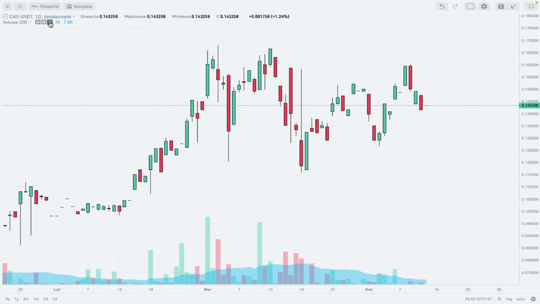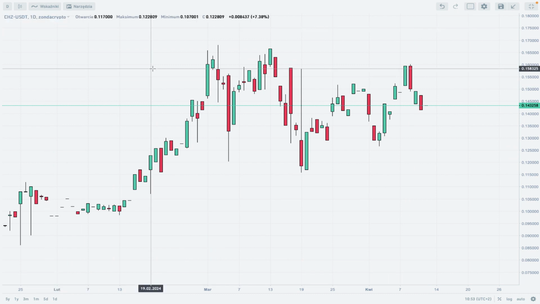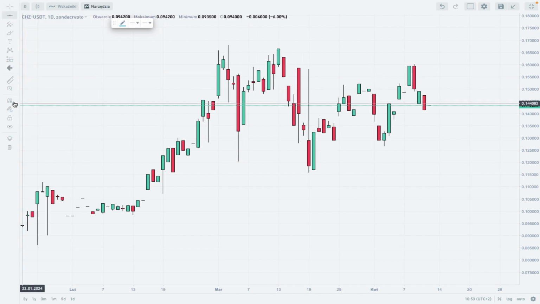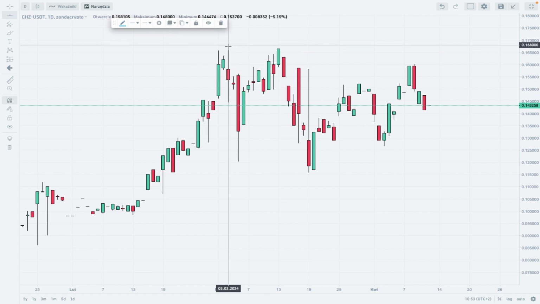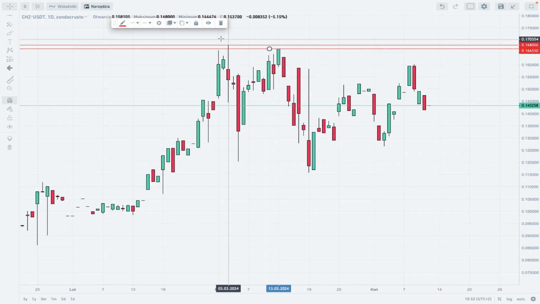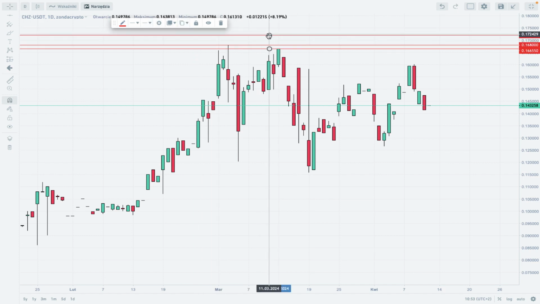Let me just remove this volume and mark some levels so we are clear on the same side. So what we have here is, of course, the recent high located at 0.1680. So this is the technical resistance. Now we got another one, located likely here at 0.1663, and we got one more technical resistance, and this is the latest one.